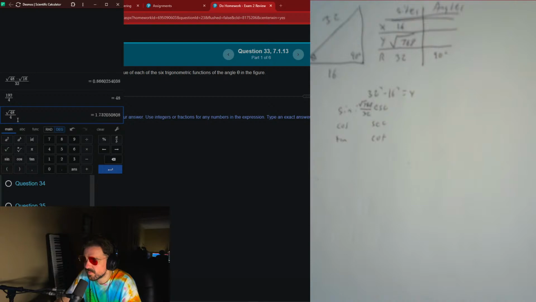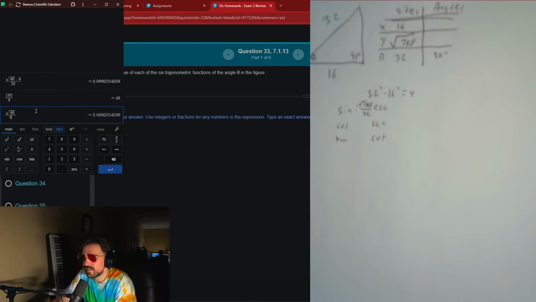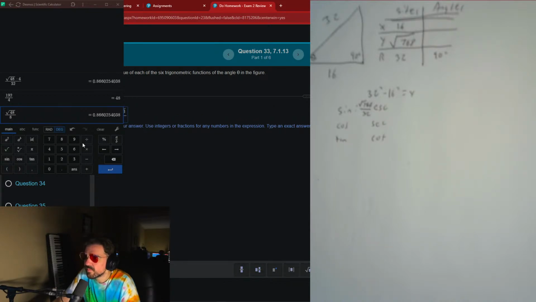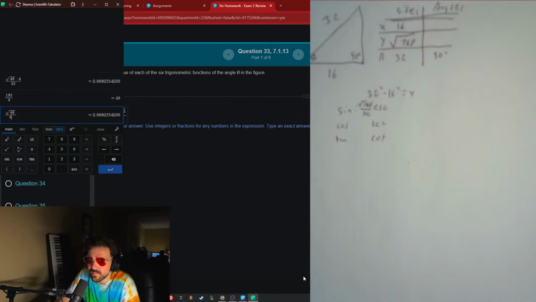Nope. Square root of 48 over 8. Yeah. So it's gonna be simplified further.